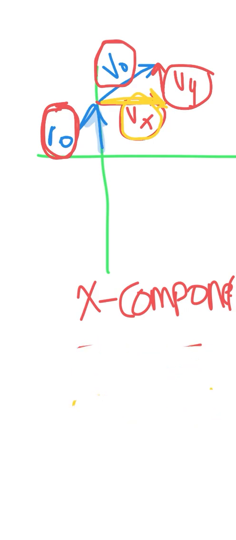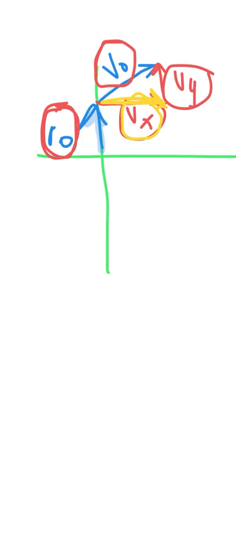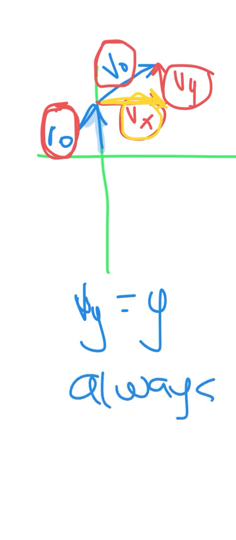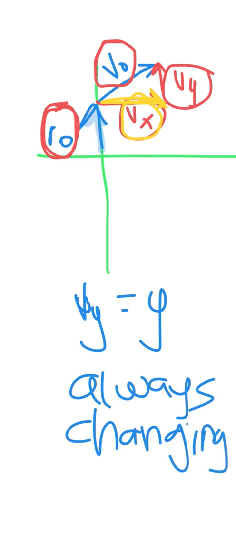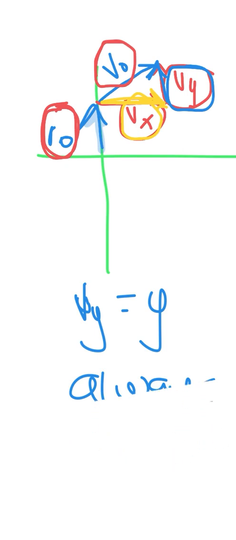But the Vy, or the y components of this projectile motion, are always changing. These values here in blue, the v of y, is always changing.